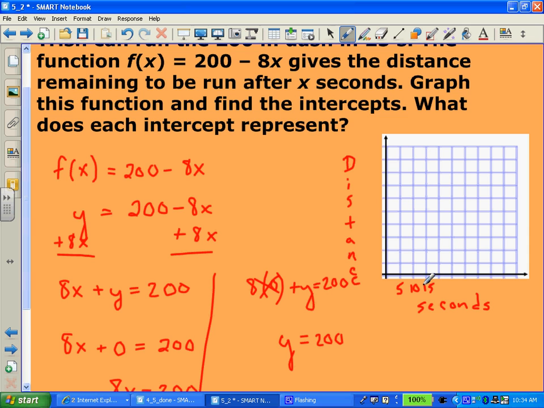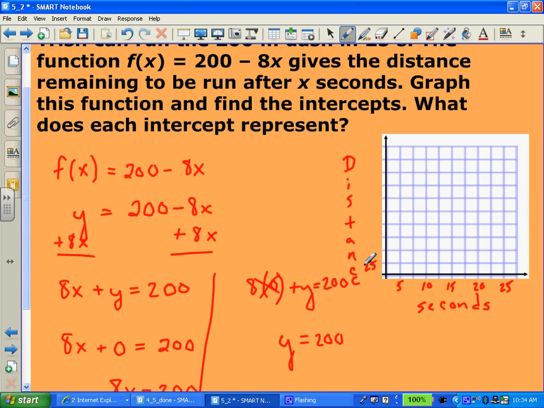So I'm going to count by 5s here on my x-axis. Actually, I could spread that out a little bit more here, so let's go ahead and do that. 5, 10, 15, 20, 25.